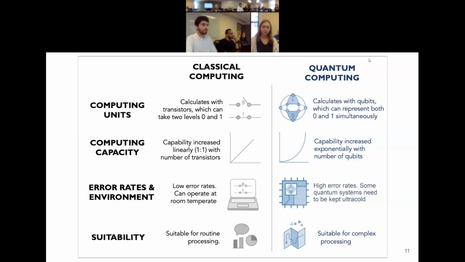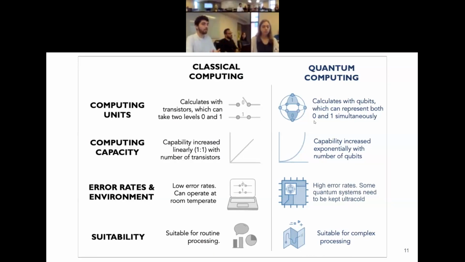So on a very broad level, how does quantum computing and classical computing differ? The most important difference that I'll focus on is the fundamental unit that we use to do the computing. In a classical computer, we use bits, typically using transistors, which take on the values of 0 and 1. And that's the whole story.